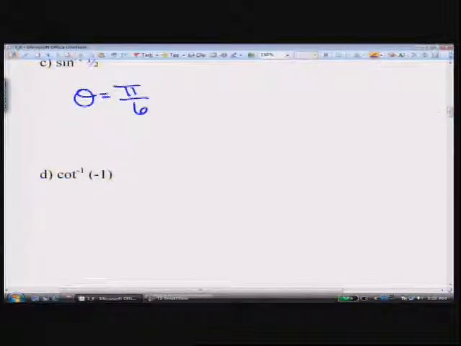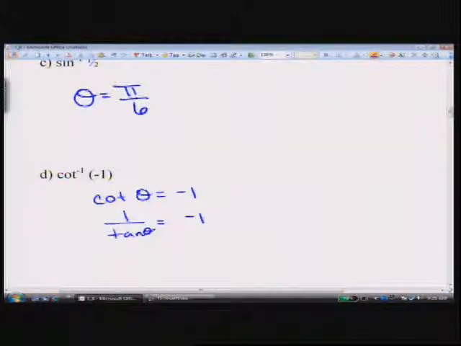All right, when is the inverse tangent equal to negative 1? All right, so that's still saying when is the cotangent of theta equal to negative 1, which is really the same as saying 1 over the tangent of theta is equal to negative 1, which you can reciprocate, but since it's 1, it's just really asking when is the tangent of theta equal to negative 1.